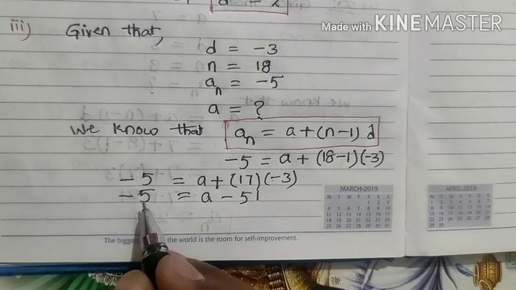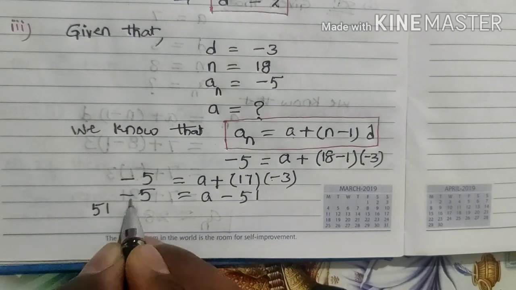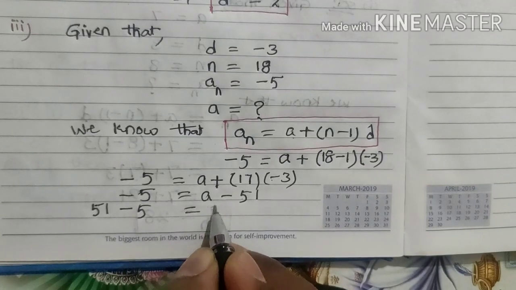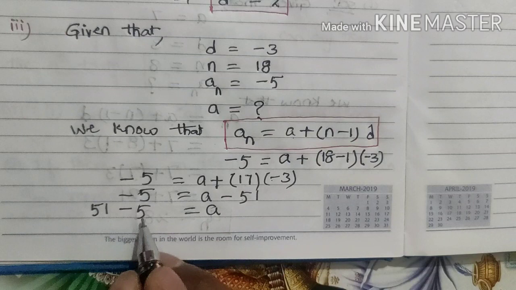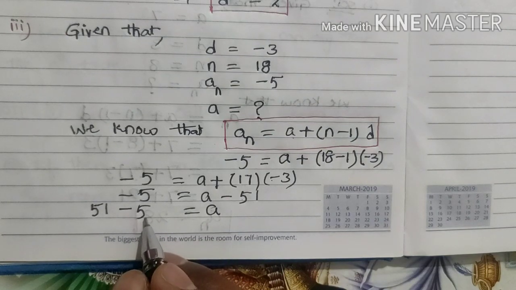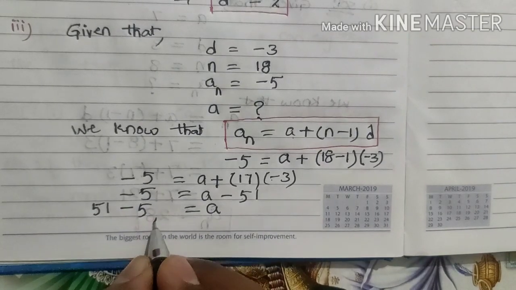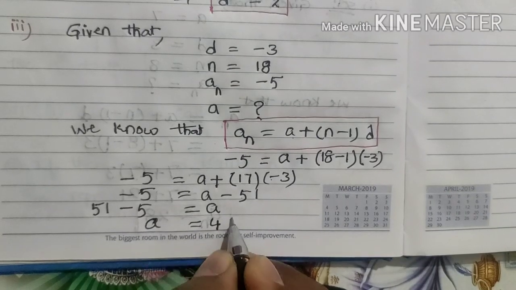Already minus 5 is there on the LHS, so it will be 51 minus 5 is equal to a. Out of 51 you are subtracting 5. 51 minus 5 is 46. So the value of a is 46, so you can write a is equal to 46.